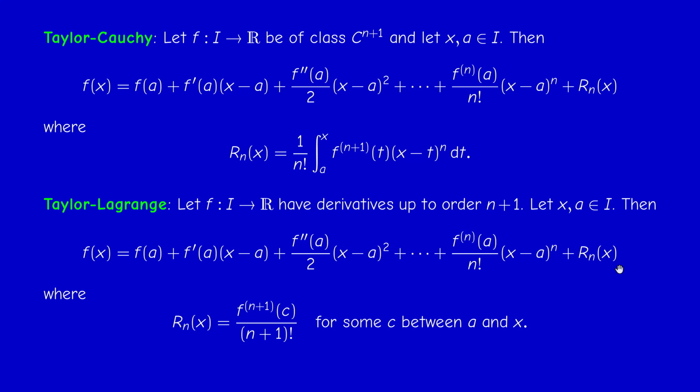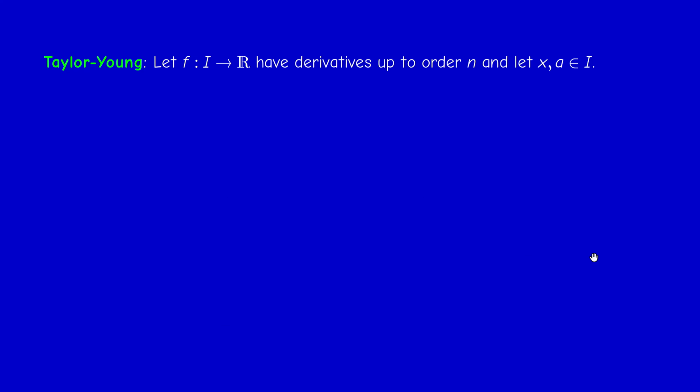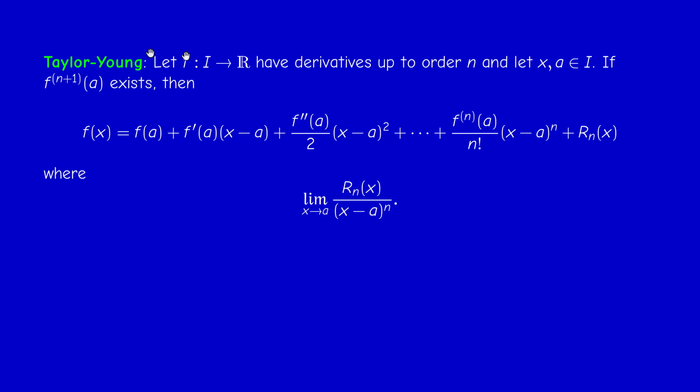Okay, and lastly, Taylor-Young, it's the weakest form actually, because the assumption is just for f to have derivatives up to order n, and we just require that f^(n+1) exists at a. Okay, so this is just differentiability of f^(n) at a.